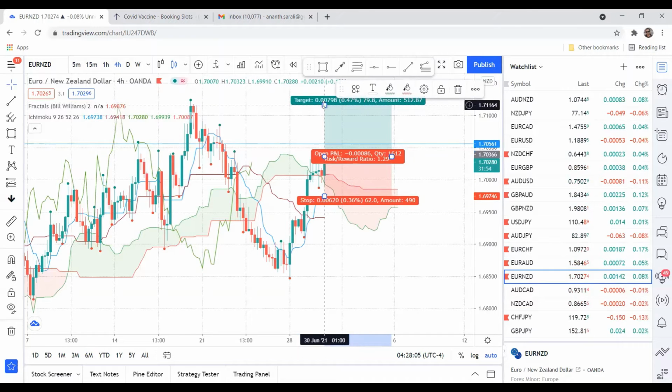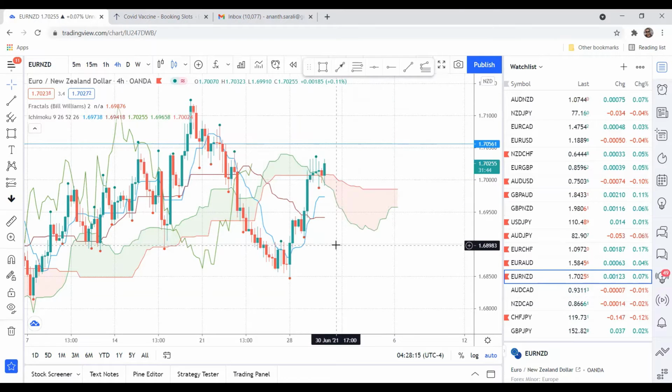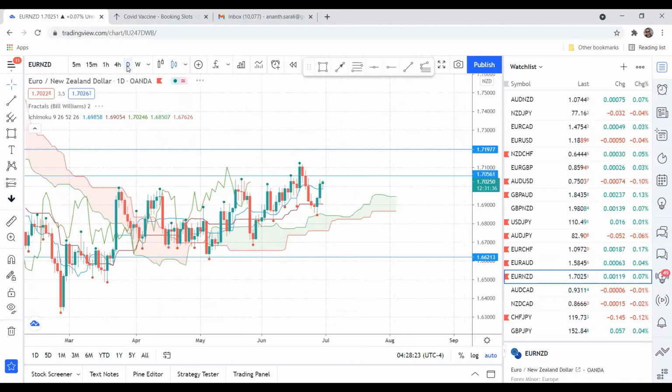Even though I stretch it up to here, yeah, I have around 1.5. Okay, let's see. Still it's not that worth it, I feel, but we'll see how it goes. So that's how I enter the trades.